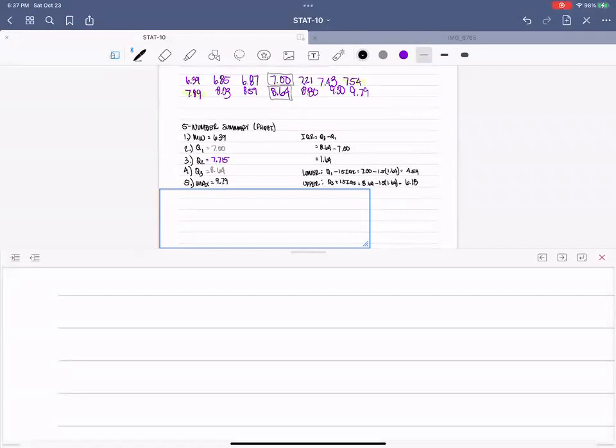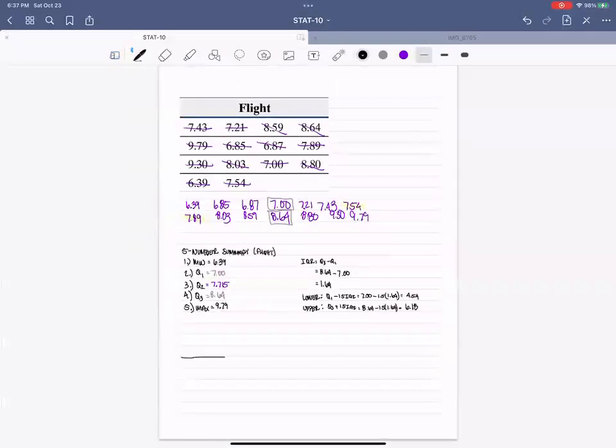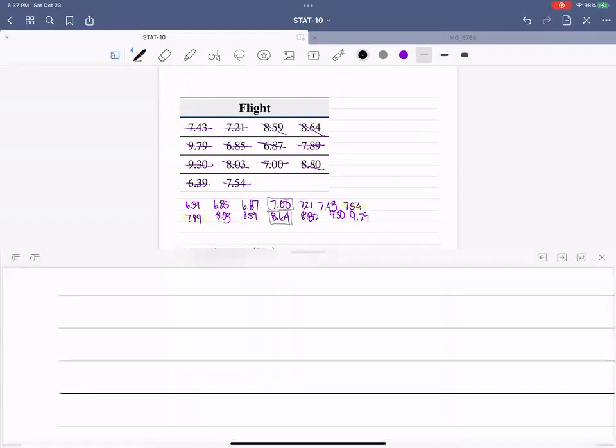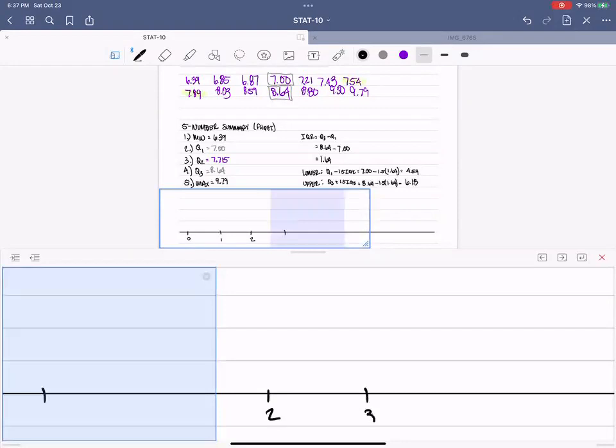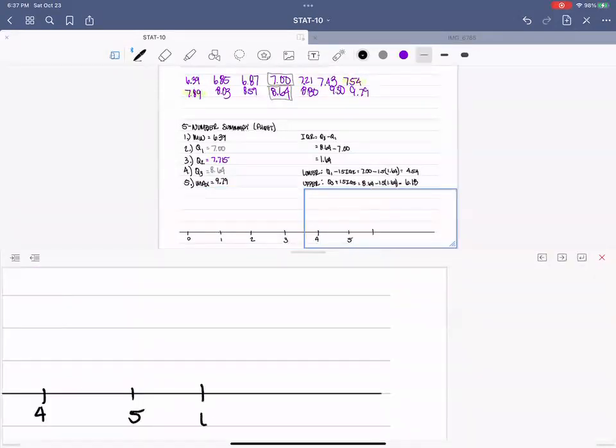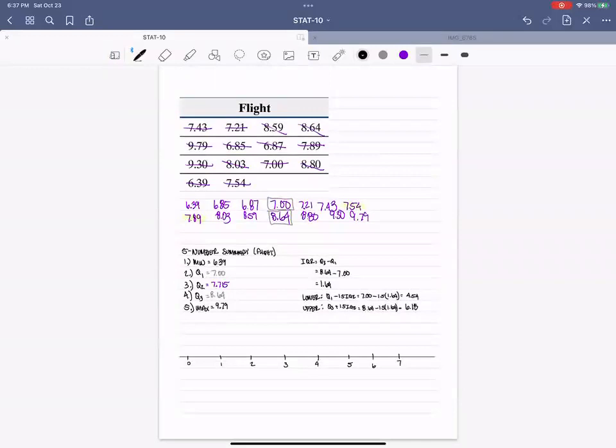So we have our line, and we could just leave it like that. We have 0, 1, 2, 3, 4, 5, 6, 7. Scratch that. I'll do this off camera.